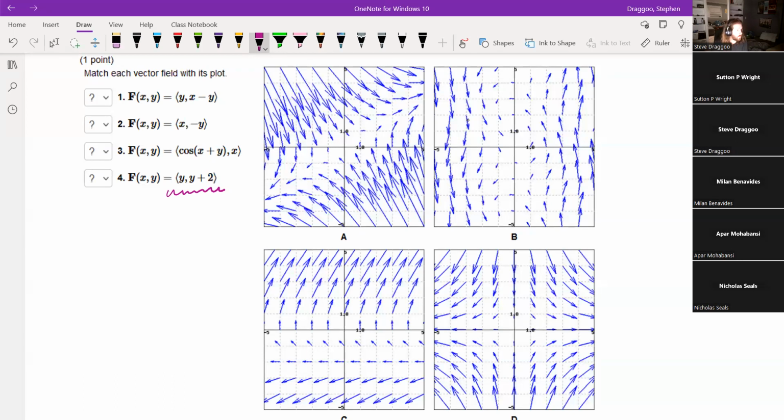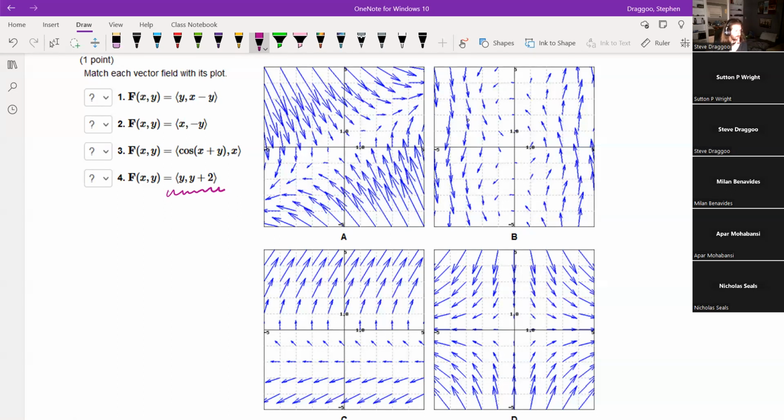If I were to look at the x-axis, which is the line y equals 0, I would expect to see a whole bunch of vectors that are 0, 2, meaning that they just point straight up. And what's another good thing to look at?